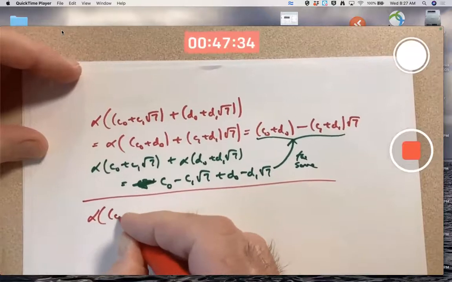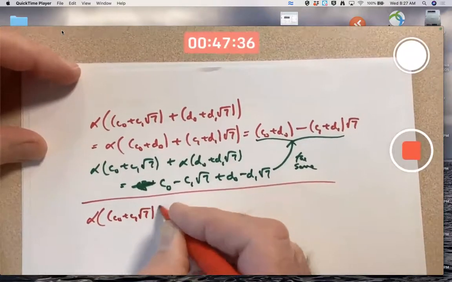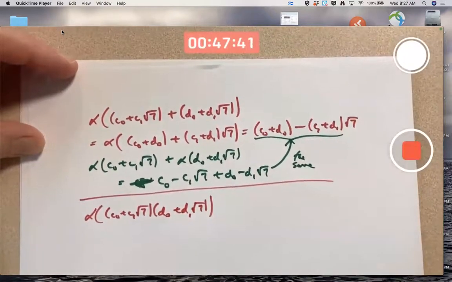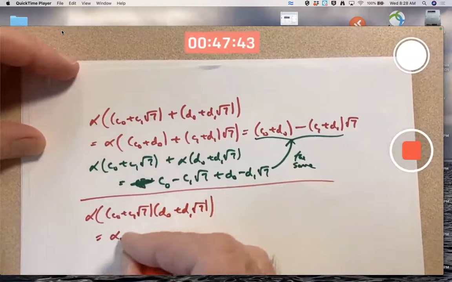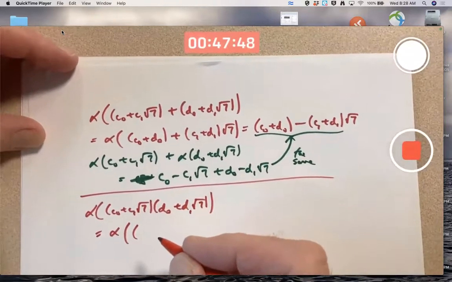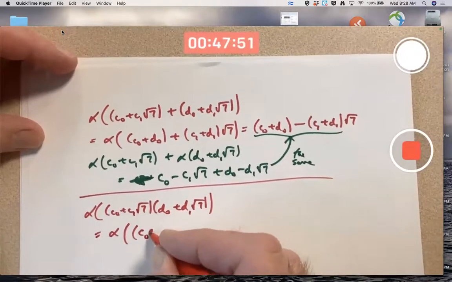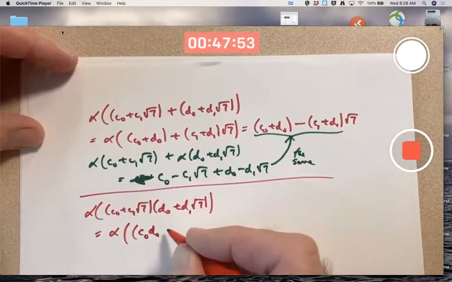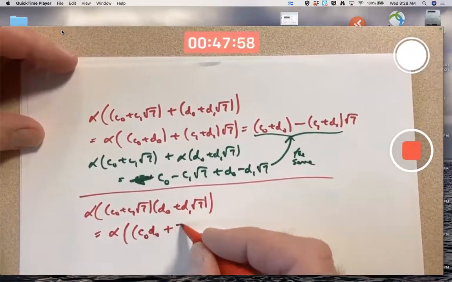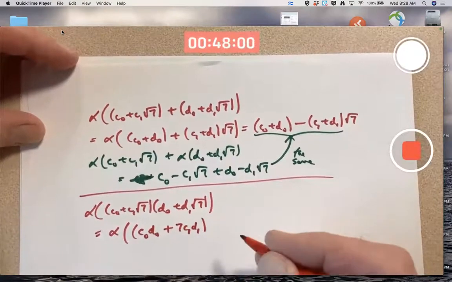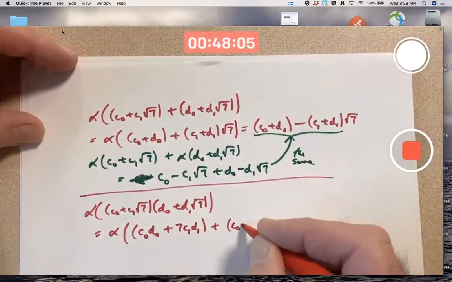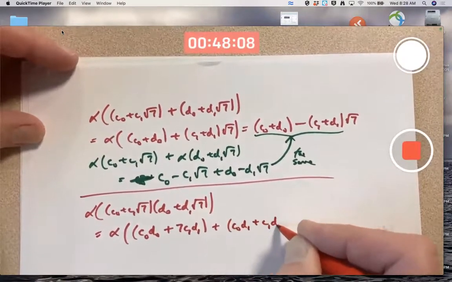Alpha of C0 plus C1 root 7 times D0 plus D1 root 7. First do the multiplication. That's alpha of the part that is not next to the root 7 will consist of C0 times D0, but also from foiling here, last times last is going to be 7 times C1 D1. And the part that does involve the root 7 will be a C0 D1 plus C1 D0 root 7.